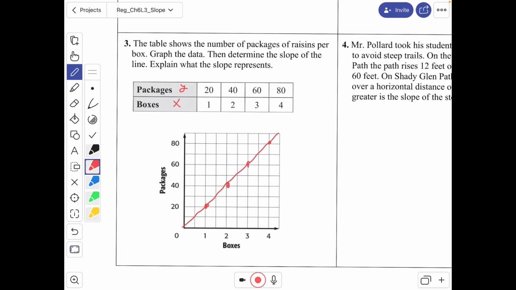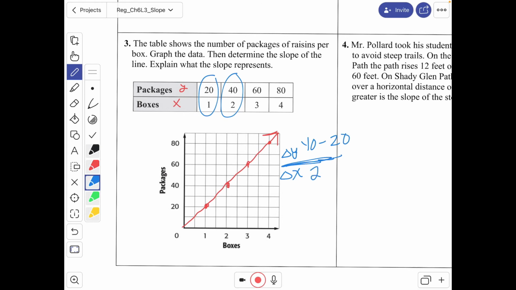You can see it makes a straight line. And then I need to find the slope. We just need to pick 2 points. So I'm going to pick the first 2. And it's going to be the y's. And this is what I write. Change of y, the little triangle means change, over change of x. So my y's are 40 minus 20.